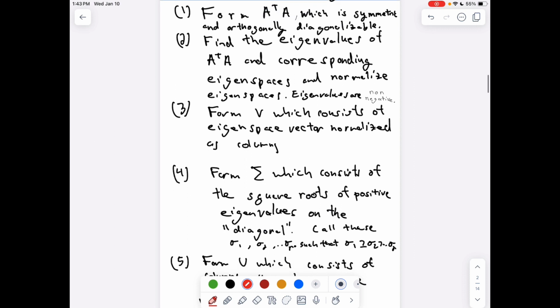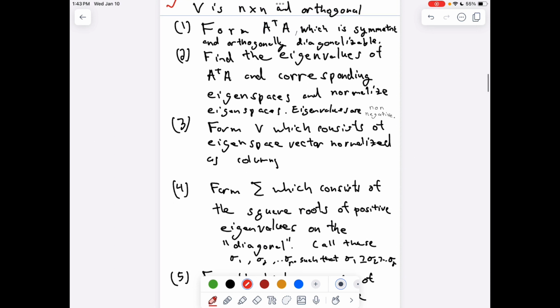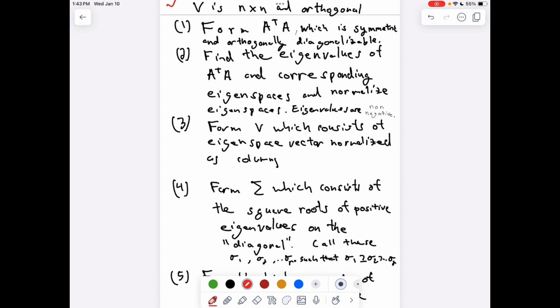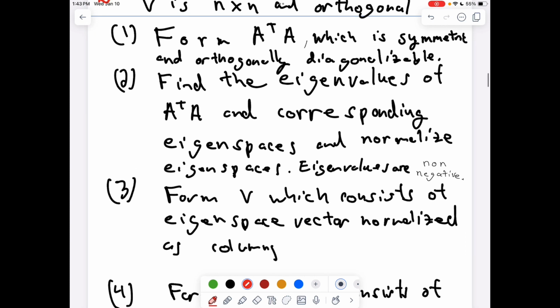So it's multiple steps here. There are 5 main steps to form these matrices, V, sigma, and U. The first thing we're going to do is go up to number 1 here. Numbers 1 and 2 are, in my opinion, the most important steps in this process.